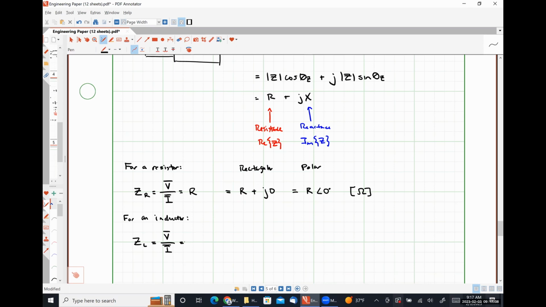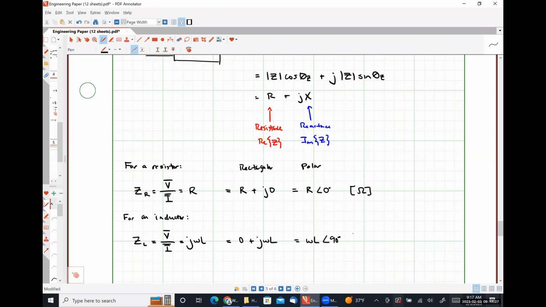J omega L. More formally in rectangular form, this is going to look like 0 plus J omega L, or in polar form, omega L angle positive 90 degrees.